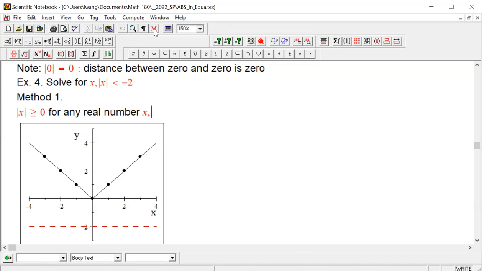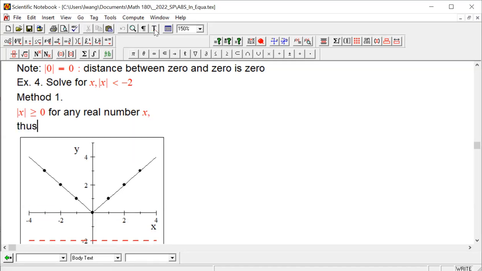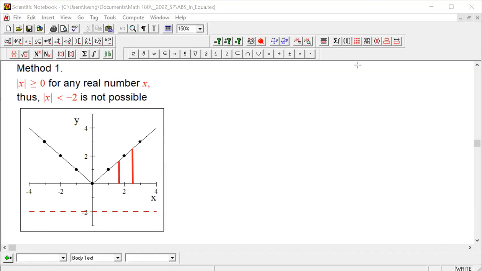Thus the absolute value less than -2 is not possible.